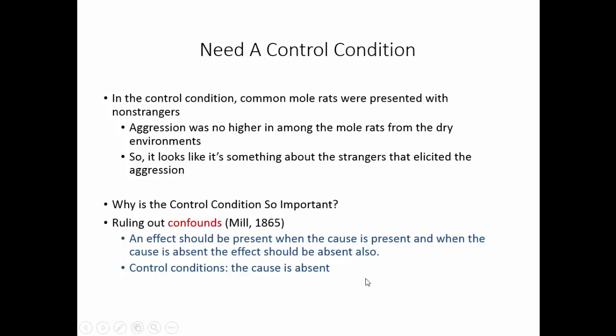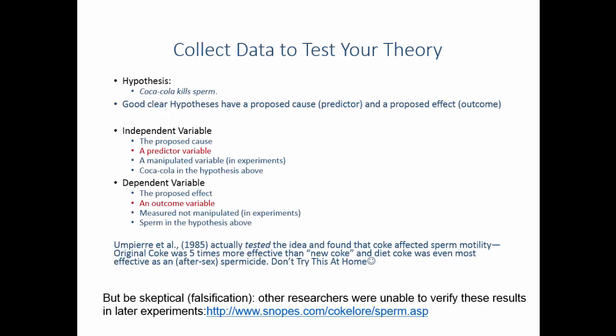The whole point of a good experiment is to infer a causation. If you have confounds, you can't infer a causation. You're trying to rule out confounds when you design an experiment. That's something you'll need to think about when you design your own experiment later in the class. And when you're writing up your paper, be thinking about, were there any confounds?